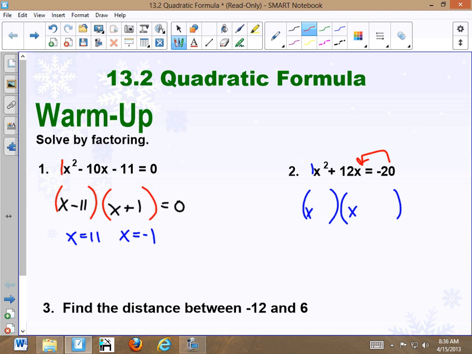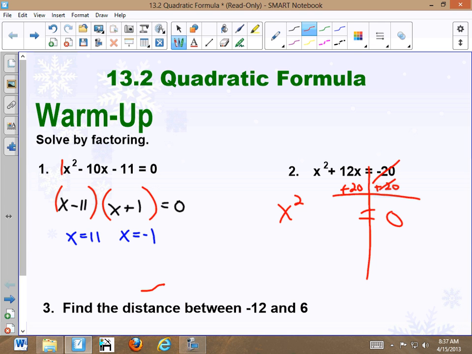Okay, so here's what we have to do. We have to add 20 to this side and 20 to this side. So these 20s cancel out, leaving me 0 over here. Now, I cannot add 20 to 12x, and I cannot add 20 to x squared, so I can't add it to anything.